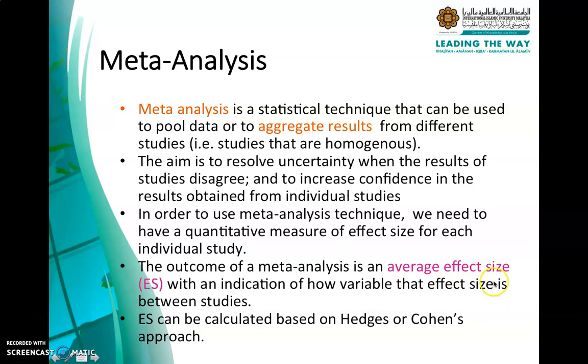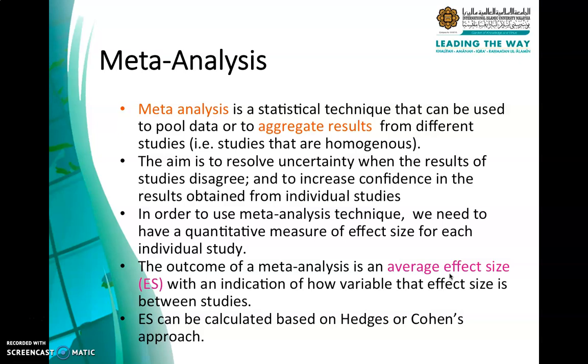So we wanted to see how varied the results are in the findings from each of the individual studies. Effect size can be calculated according to Hedges' or Cohen's approach.